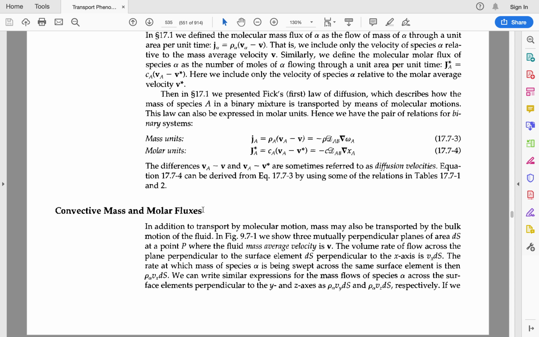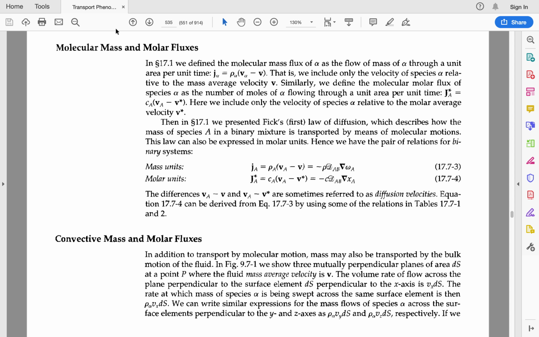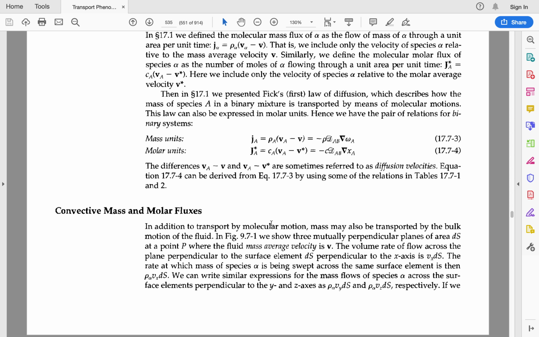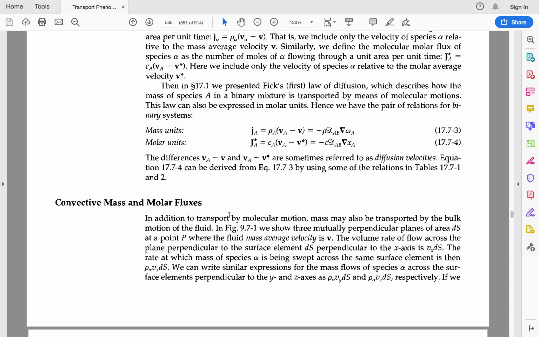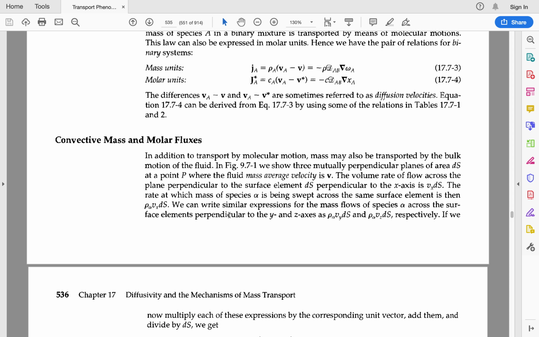Now, the first part was the molecular mass or molar flux. Now consider the convective mass fluxes, or convective molar fluxes. In addition to transport by molecular motion, mass can also be transported by bulk motion, where there is a velocity involved.